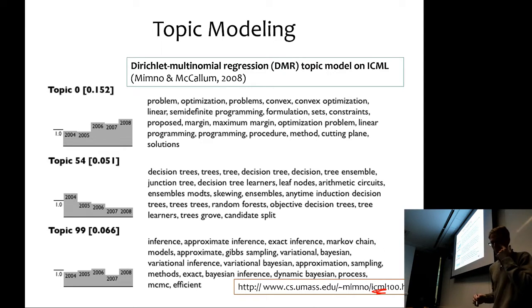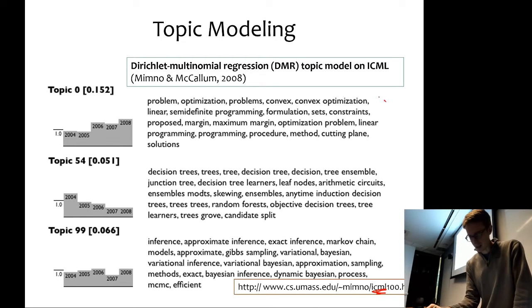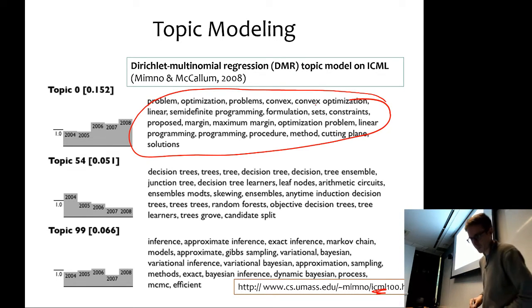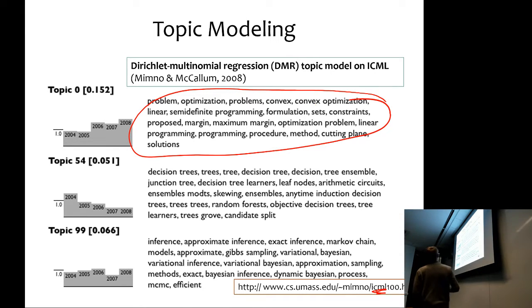And so you can see what's happening here. The first topic here, what I'm doing is I'm displaying the words that are high probability under this topic. Okay? And so you can see things like convex optimization, semi-definite programming, constraints, max margin. So this seems to be an optimization topic.